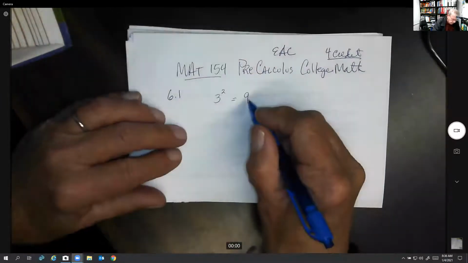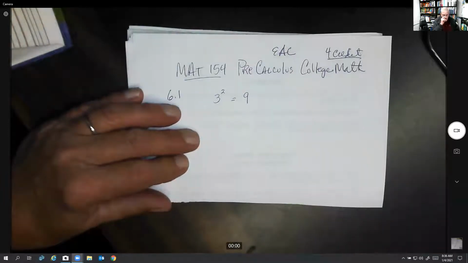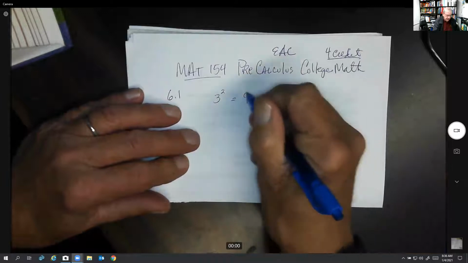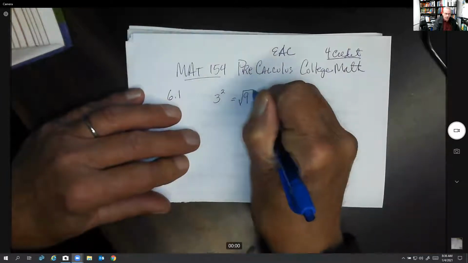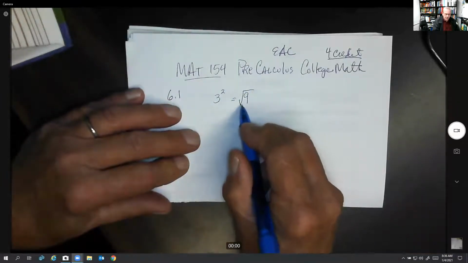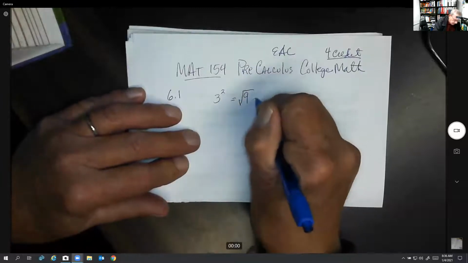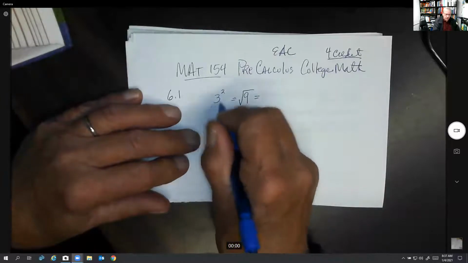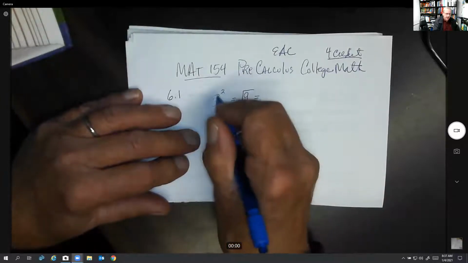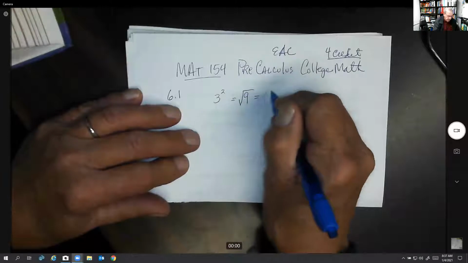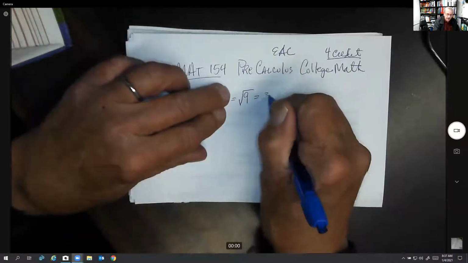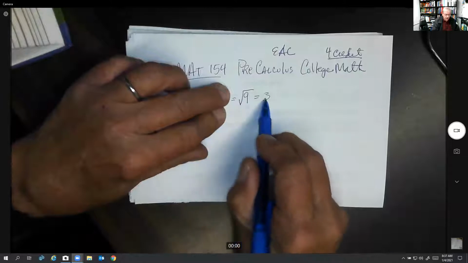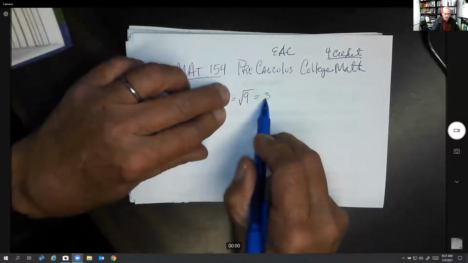We have the square, which is 9, and we put it under what we call a radical symbol. What we're trying to do is find the root that gave us this number. What was the base number that was squared to give us 9? Well, obviously, it's a 3. So the square root of 9 is 3.